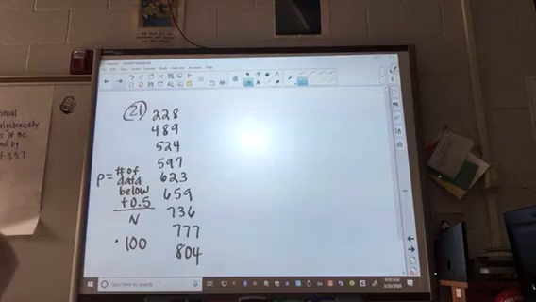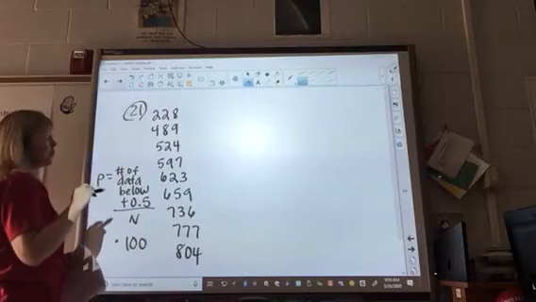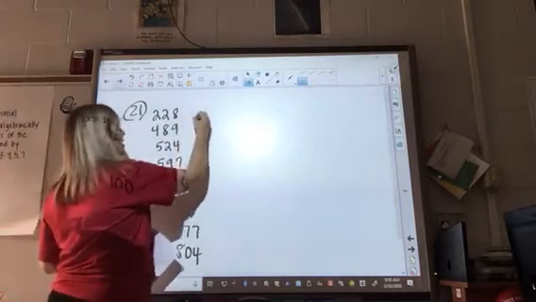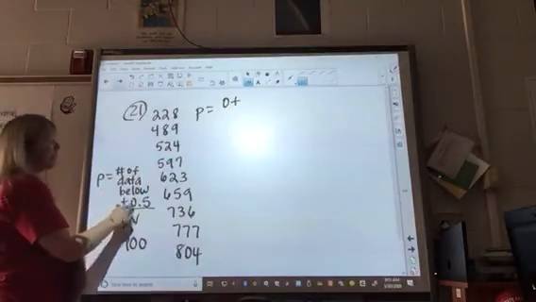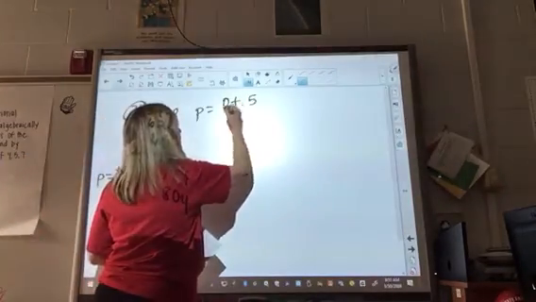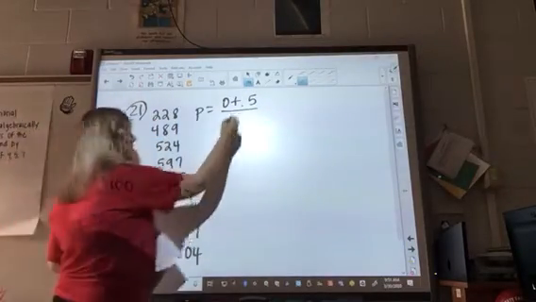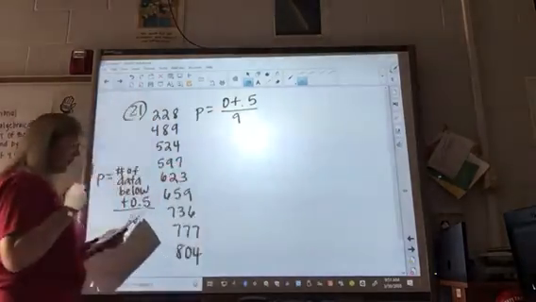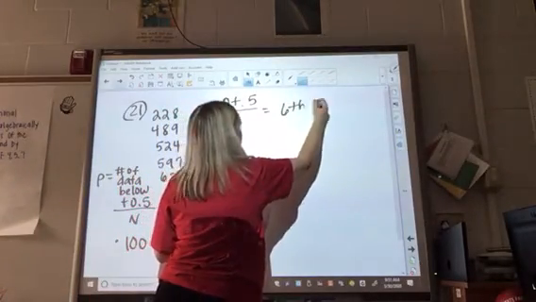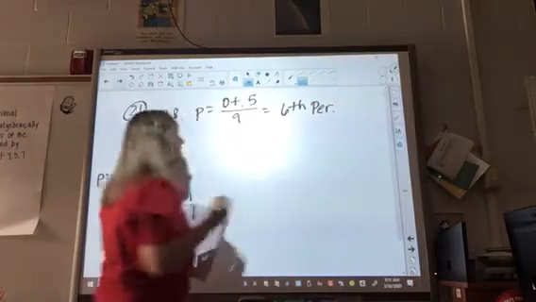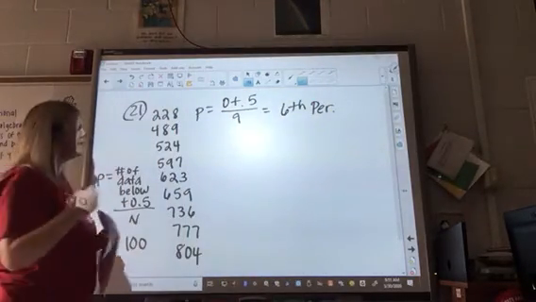If I take 228 and I want to find the percentile rank for 228, there is no number below it. So that's 0 plus 0.5 divided by 1, 2, 3, 4, 5, 6, 7, 8, 9 numbers. That gives me approximately the 6th percentile. So 228 is at the 6th percentile.